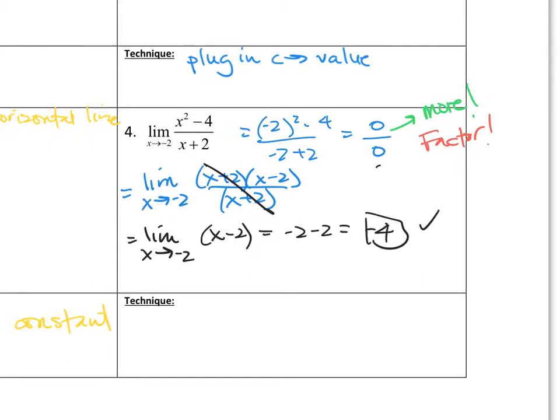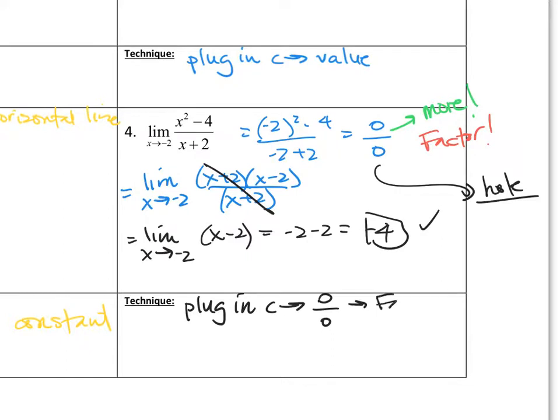The thing you also want to realize is that this means there is a hole. We plugged it in initially and ended up with 0 over 0. We factored, and we ended up with a value. The thing to consider here, you guys, is that it is discontinuous and it has a hole.